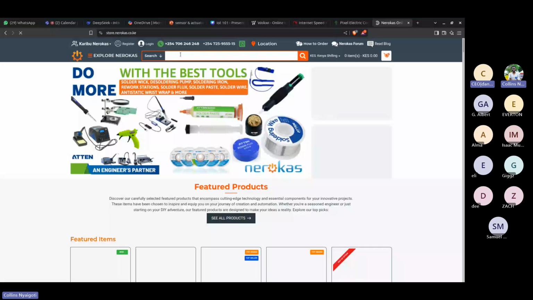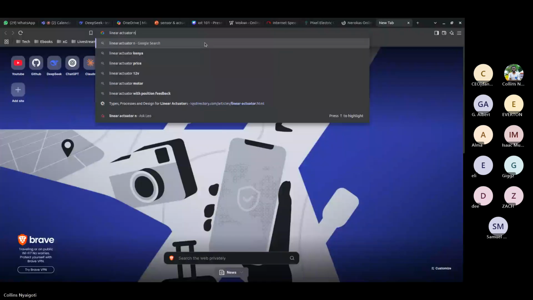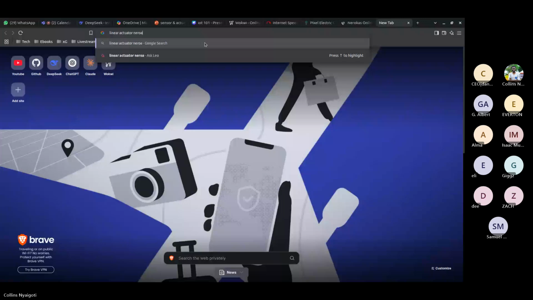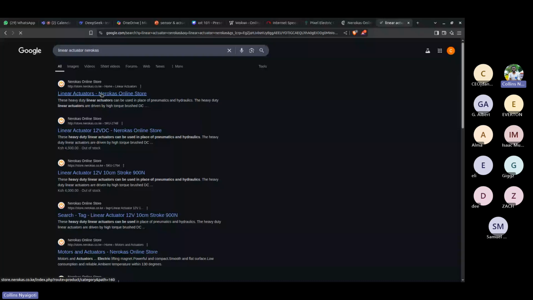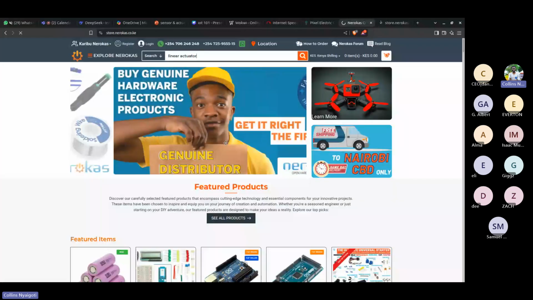So when you want to find a component on Nerokas, I advise you to search for linear actuator Nerokas. This is a better way of searching than using their search bar, because it's not really that good. But here you can find any type of component you want. Let me also share a link to that.